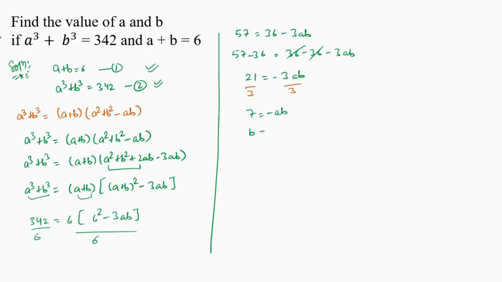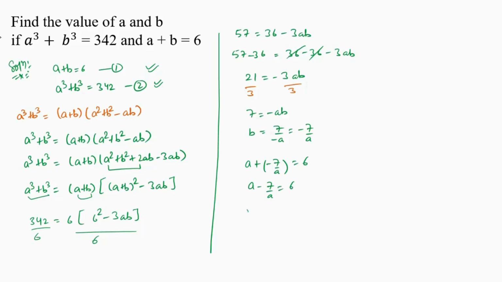So from here b equals 7 over minus a, that is minus 7 over a. Now substitute the value of b in equation 1. We get a plus minus 7 over a equals 6, that is a minus 7 over a equals 6.